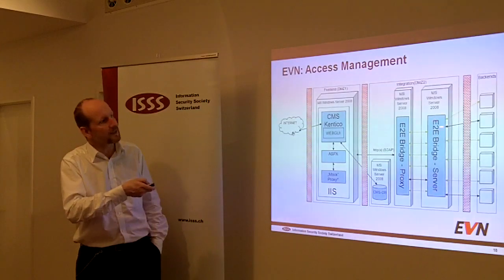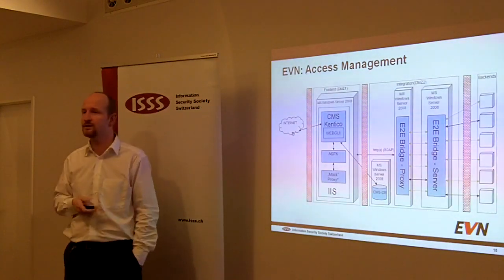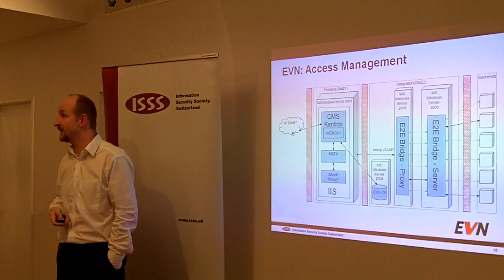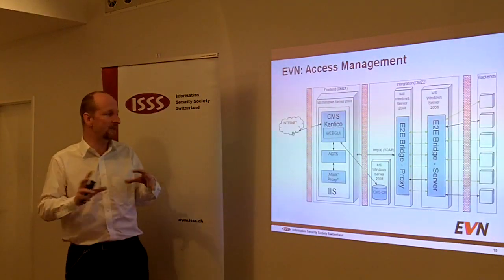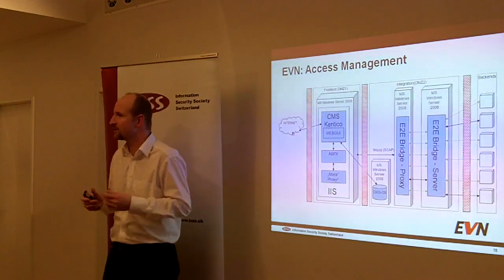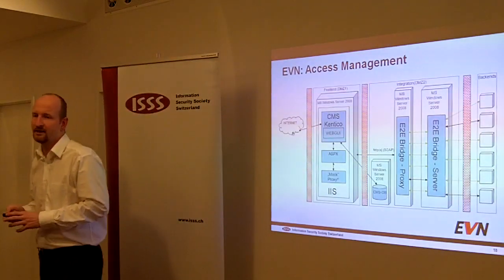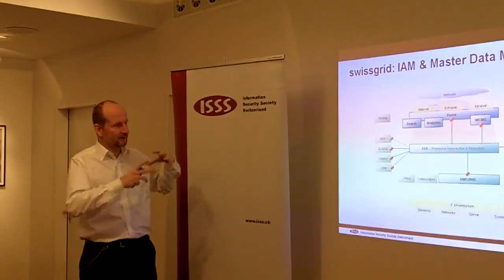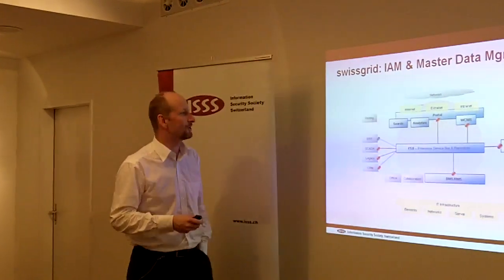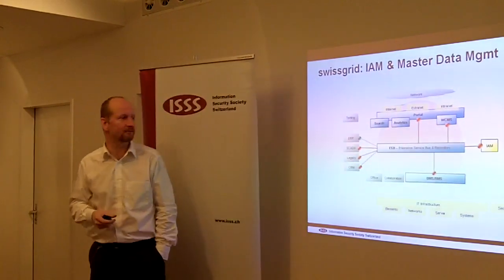And based on that, it's decided what this particular user has in terms of rights, which services can be accessed, etc. So as you see, it's the same concept, the same infrastructure being used, but a totally different use case.